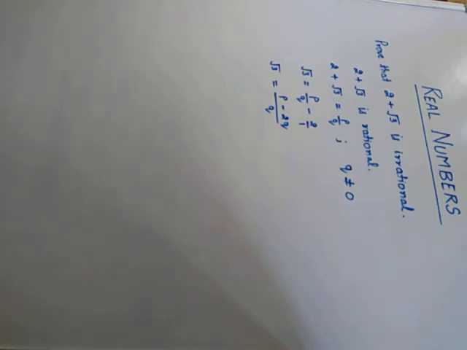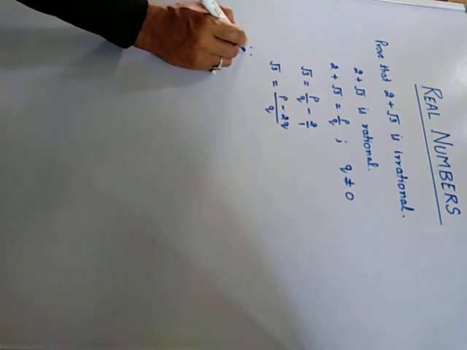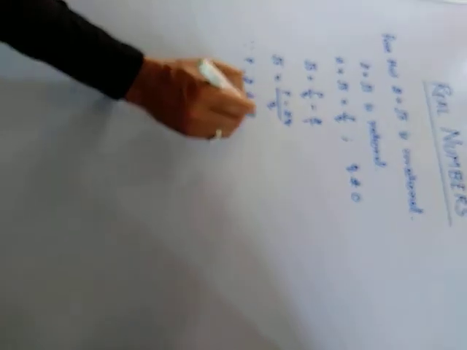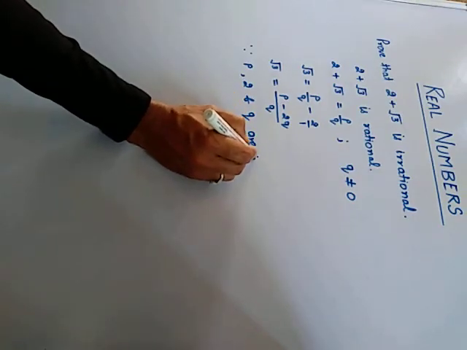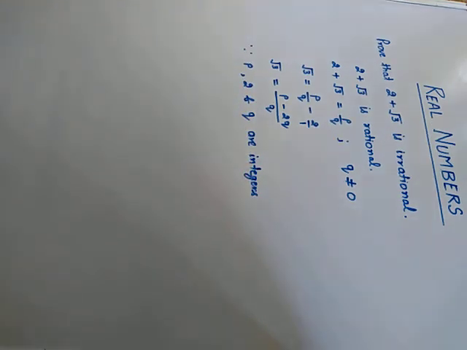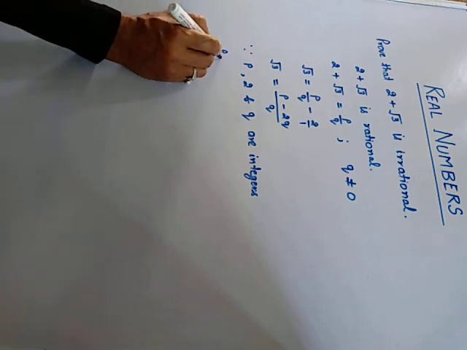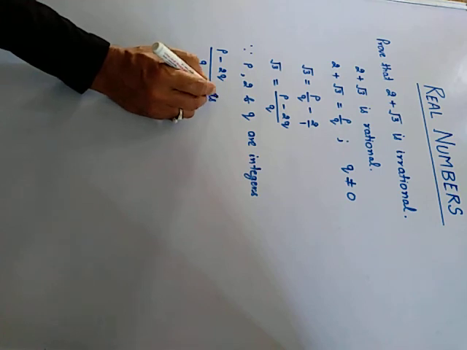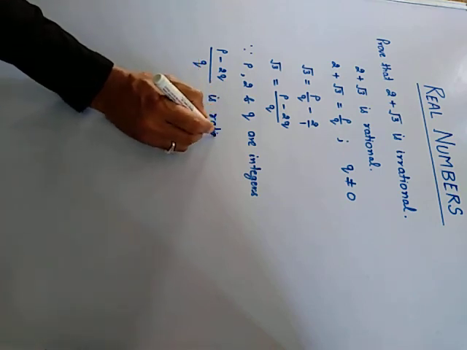Now since p, 2 and q are integers, so right hand side, that is p minus 2q upon q, is rational.